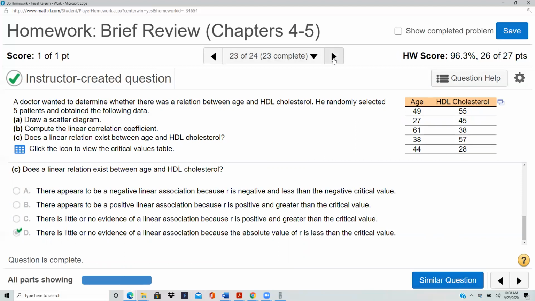I got something wrong on mine. What happened? Your scatter plot? Maybe so. Let's see. Oh, I missed a point.